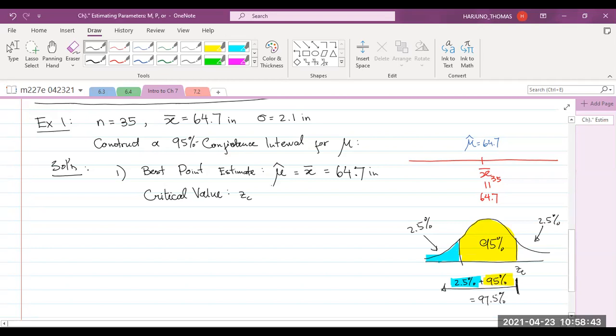So what is the c-score? The c-score will be inverse norm of 0.975. Now you use your calculator: inverse norm 0.975.